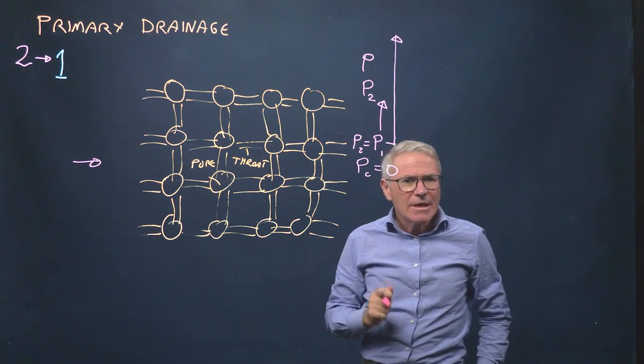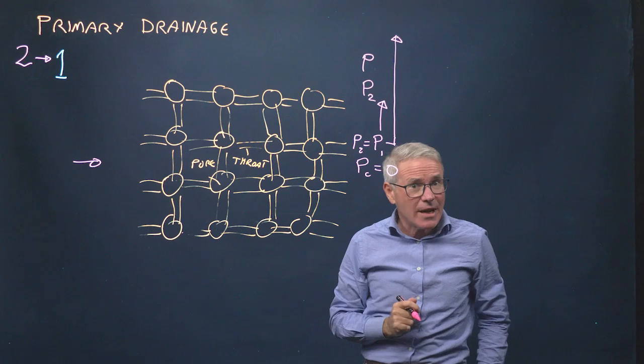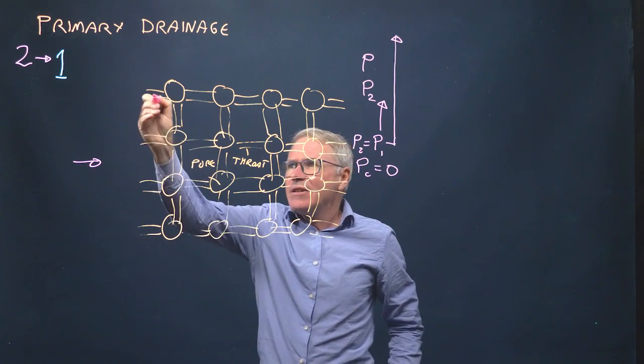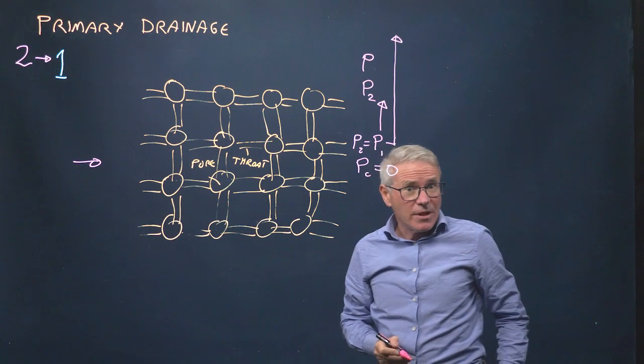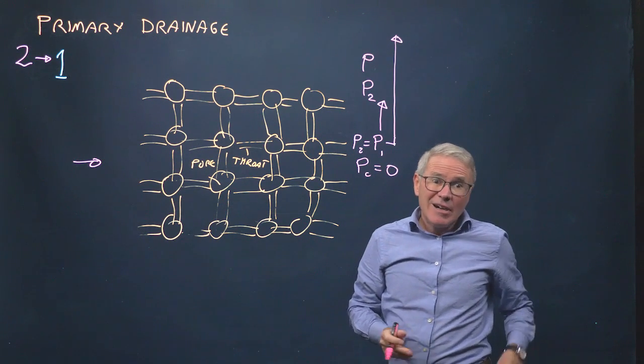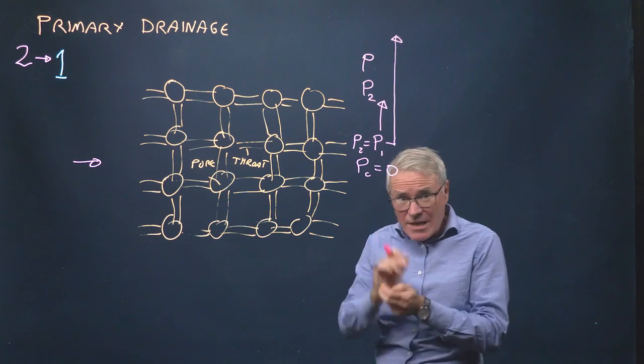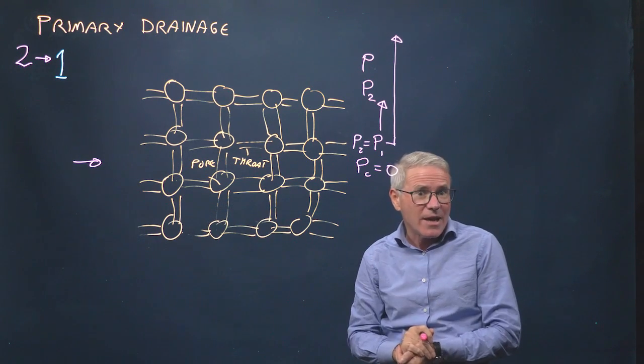Okay. Now let's look at what's going to happen. I've got here at the inlet throats of different size. Now, I've defined a throat as a surface. I said you could define the radius, the inscribed radius there.